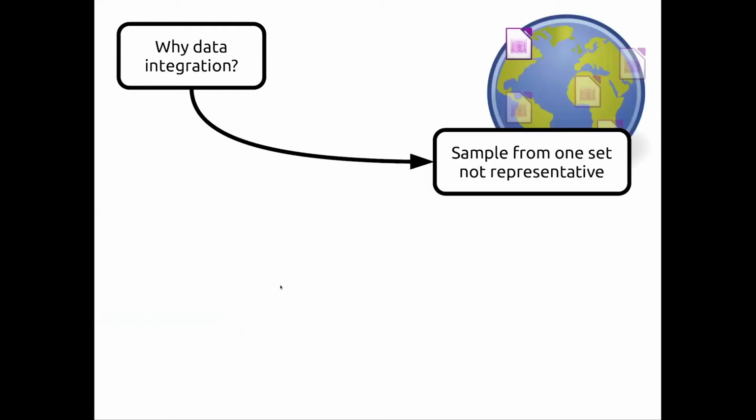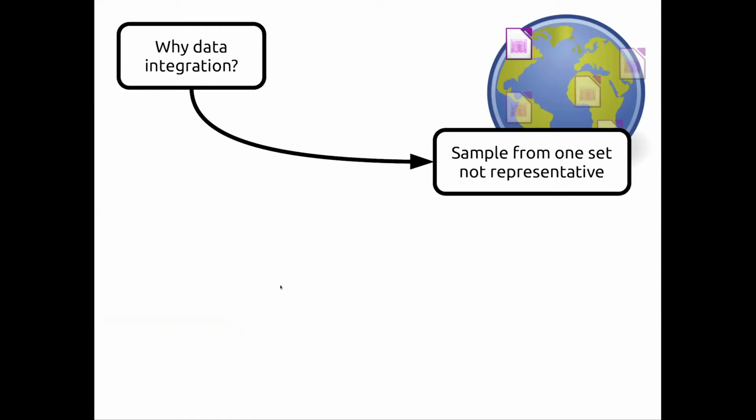And an important question is, why do we need data integration? And I think I've got two answers to this question. The first one is that we need to increase the sample from which we are making our conclusions. So imagine if we have an expert on a specific area of conservation, or if we have multiple experts rather on a specific area of conservation across the world.